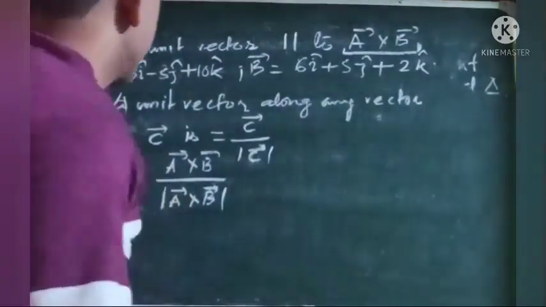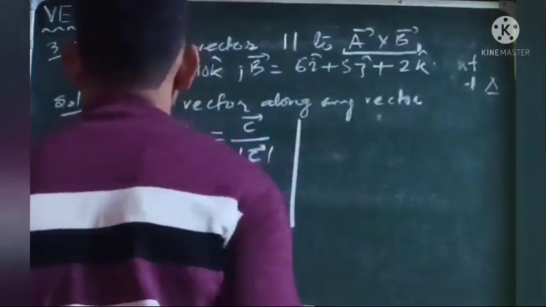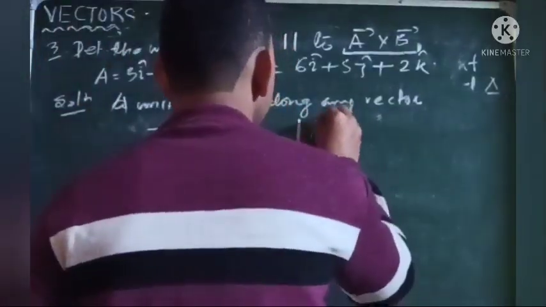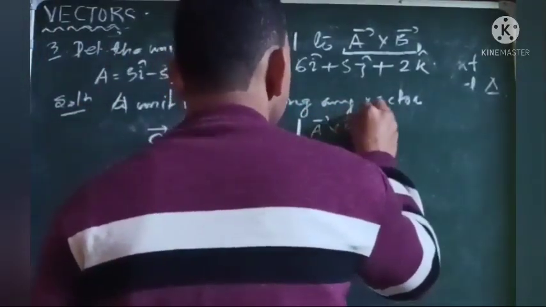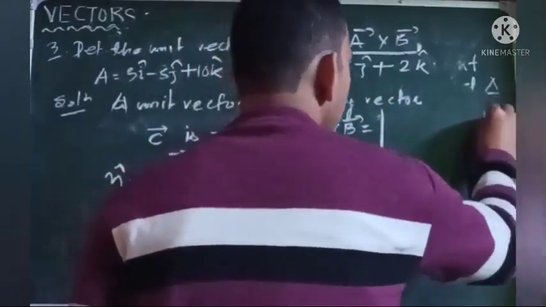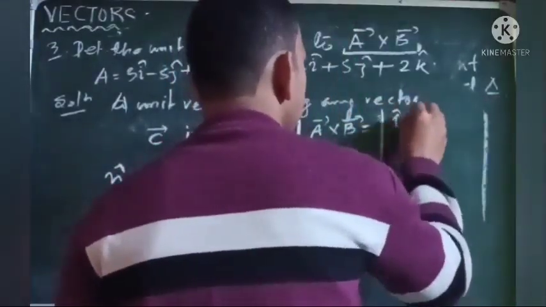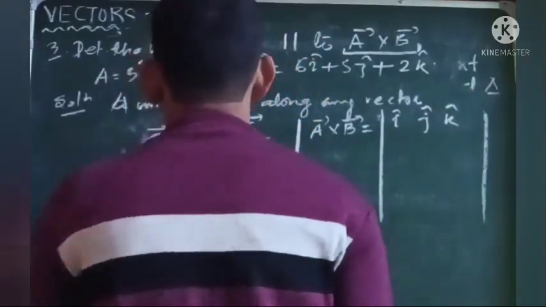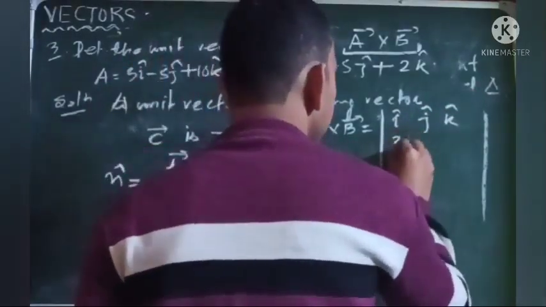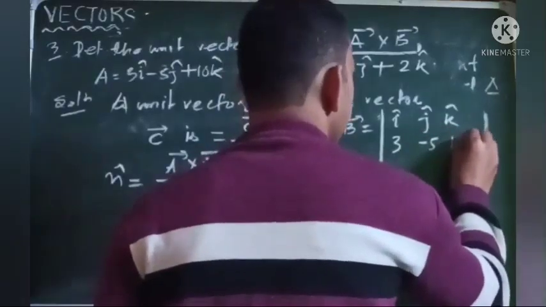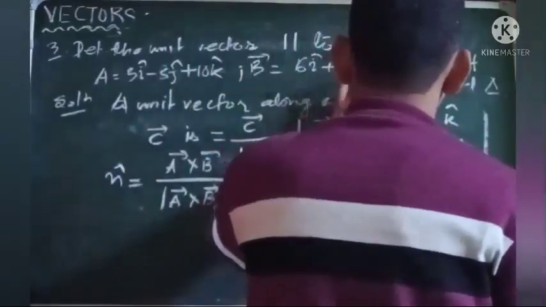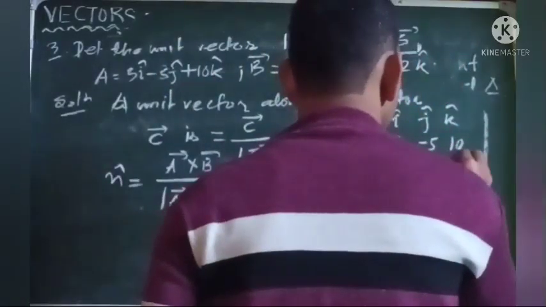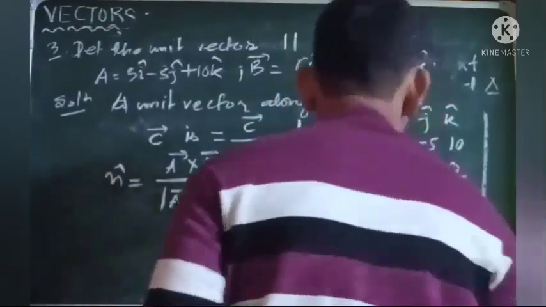Now first of all we have to find A cross B. A cross B will be equal to the value of this determinant: i cap, j cap, k cap; 3, minus 5, 10; 6, 5, 2.